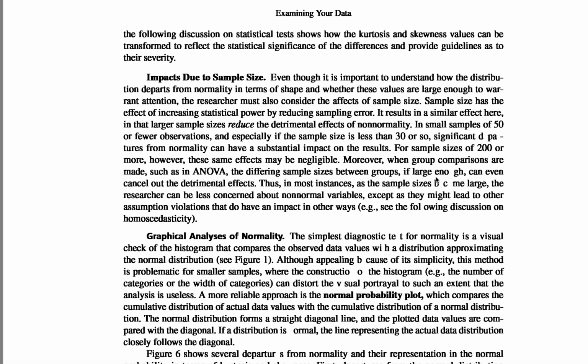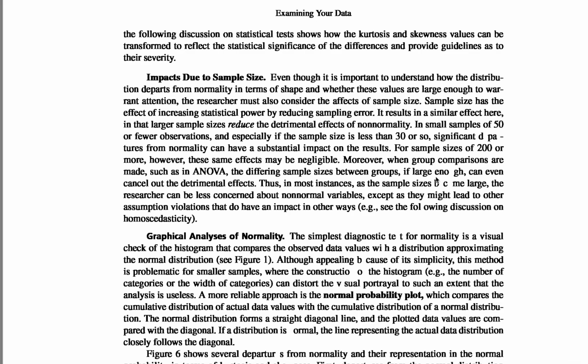For sample sizes of 200 or more, however, these same effects may be negligible. Moreover, when group comparisons are made, such as in an ANOVA, the differing sample sizes between the groups, if large enough, can even cancel out the detrimental effects.